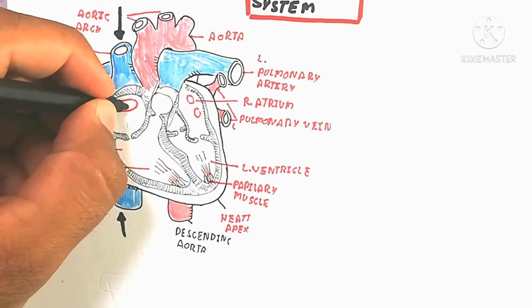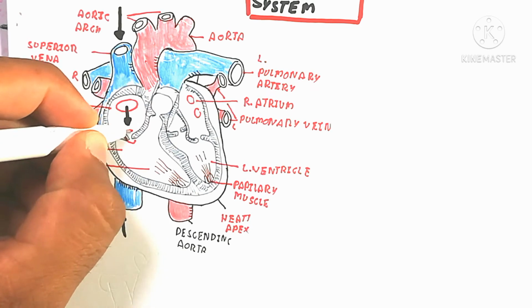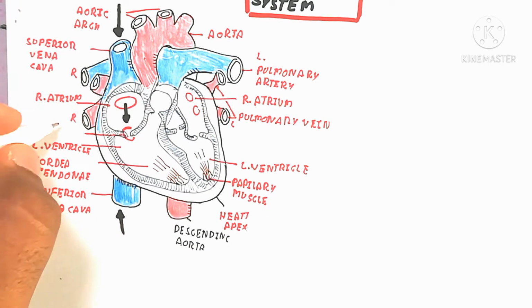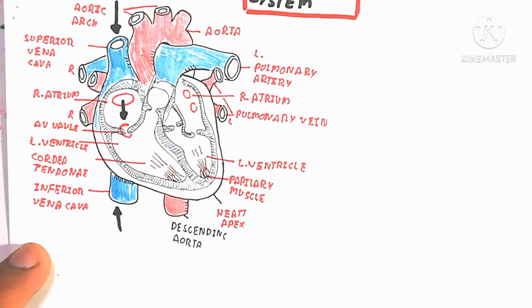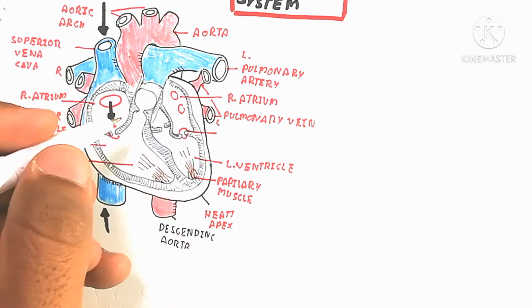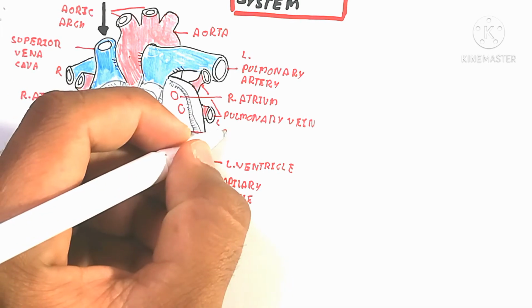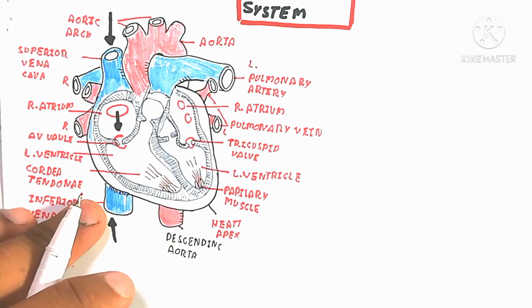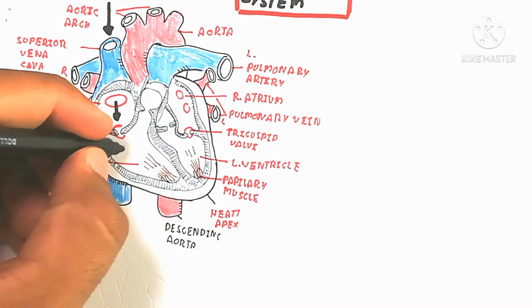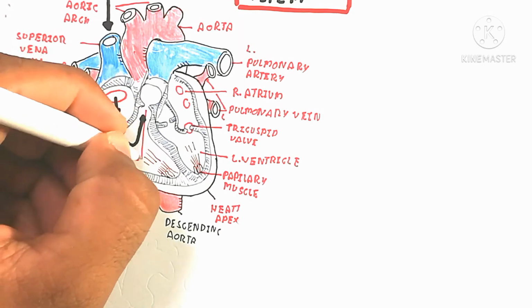Here is the right atrium to the right ventricle, and between them is the atrioventricular valve, also known as the tricuspid valve. Here is the bicuspid valve, which is also an atrioventricular valve. These valves are septum-like structures that receive the deoxygenated blood from the right atrium to the right ventricle, and it goes to the pulmonary valve.